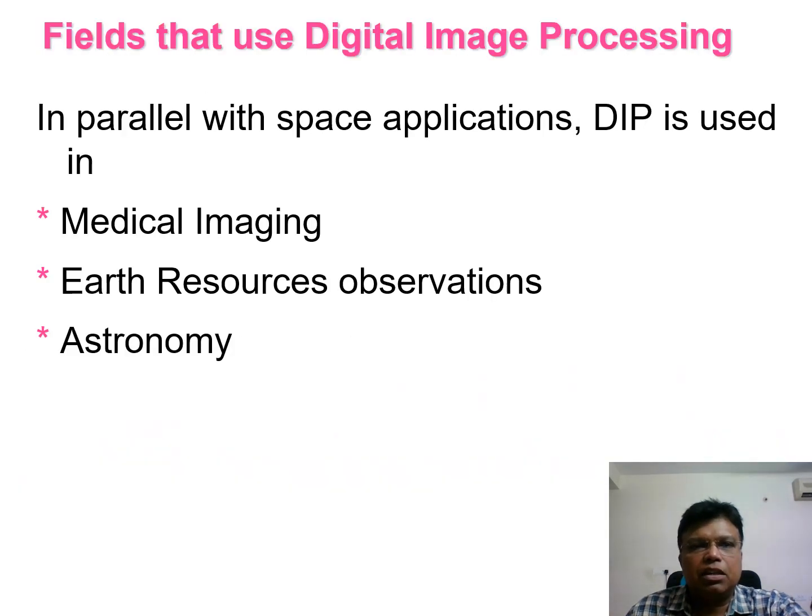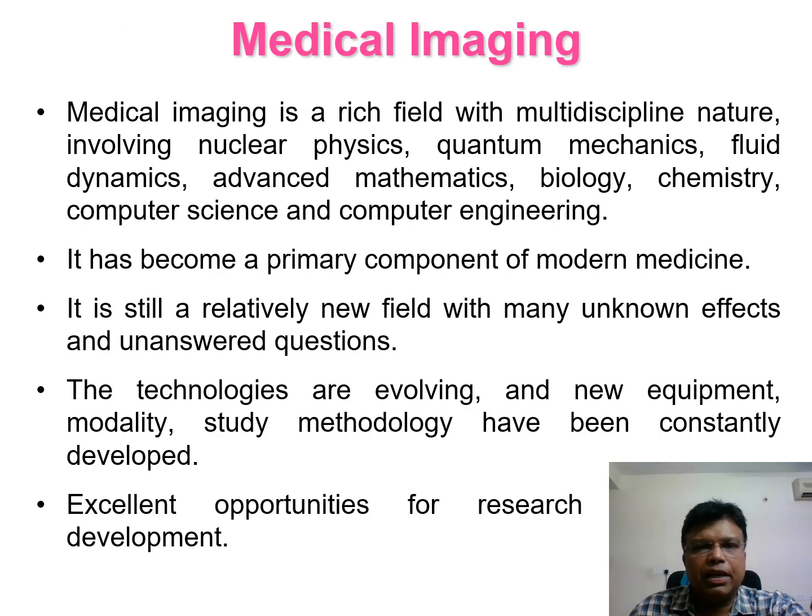Some of the fields that use digital image processing are medical imaging, earth resources observation and astronomy. The main application nowadays is medical imaging, which is multidisciplinary in nature, involving quantum mechanics, fluid dynamics, biology and chemistry, and it has become a primary component of modern medicine.